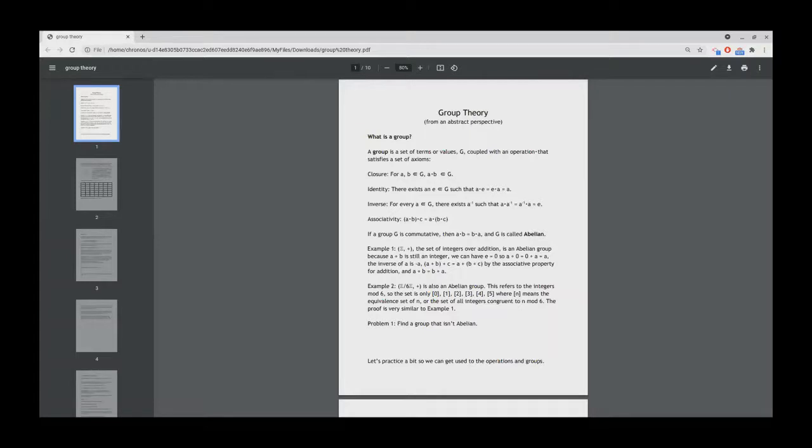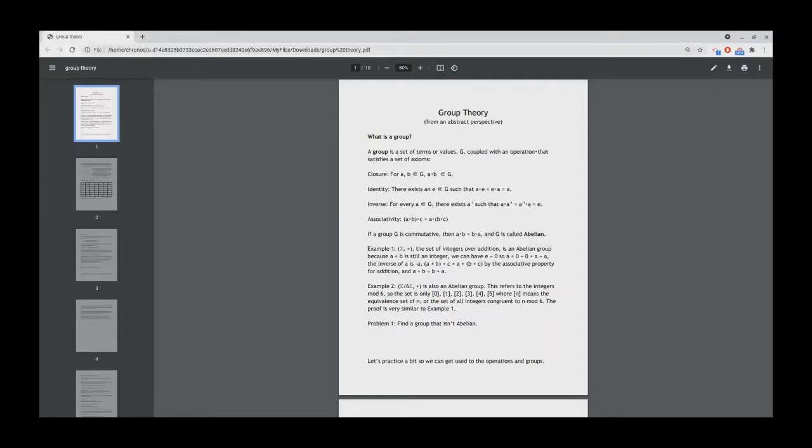If a group G is commutative, like A times B is equal to B times A, then G is called abelian. Let's go into some examples, because that's a lot of information to take in. Example 1, the set of integers over addition. This is an abelian group because A plus B is an integer, so it's part of the set of integers.